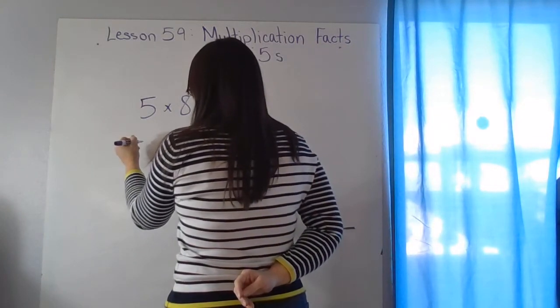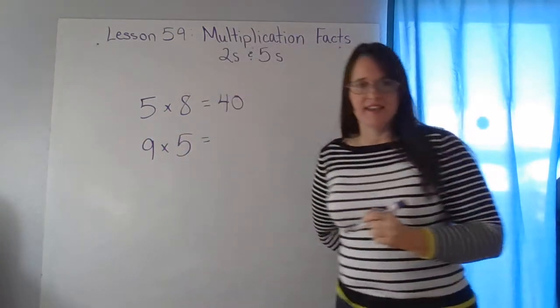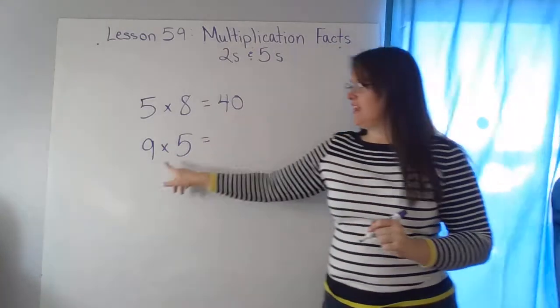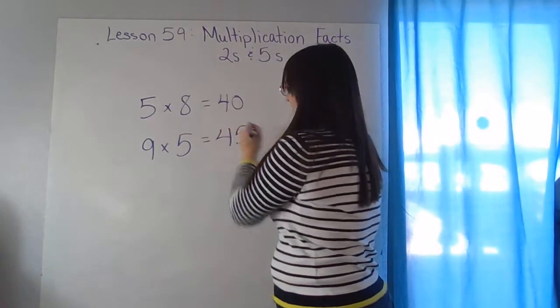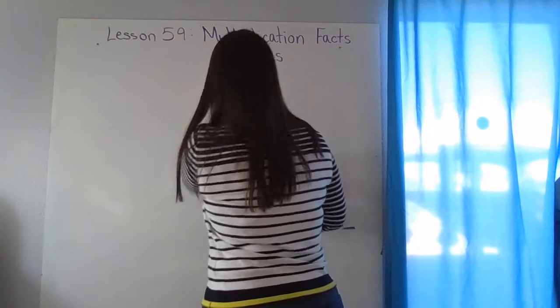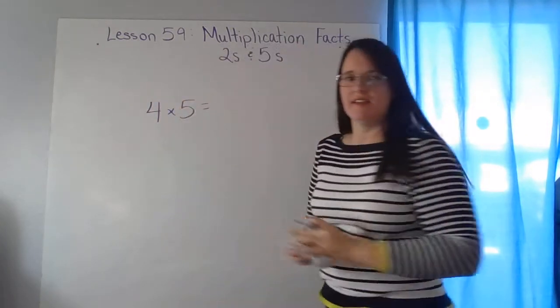What if we do 9 times 5? We already did 8 times 5. So 9 groups of 5 is just one more 5, 45. Okay? How about 4 times 5?